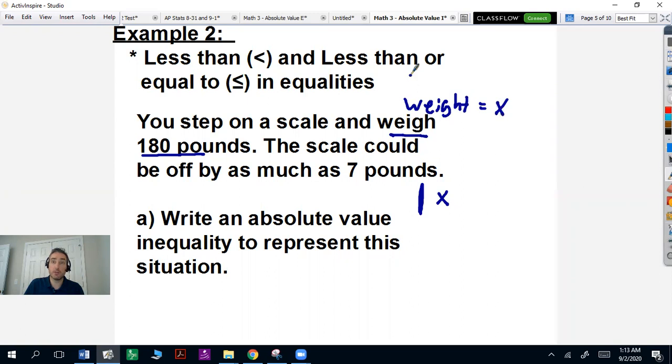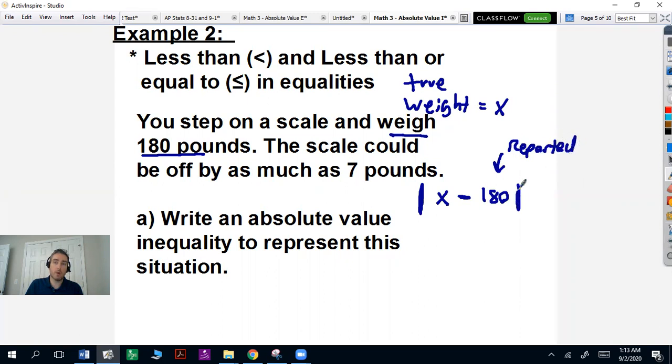And I should say your true weight, because you don't really know if you're 180 or somewhere 7 higher or 7 lower than that. So that x would be your true weight. Now you're going to subtract from your true weight what the scale reported. So that 180, that's going to be your reported.